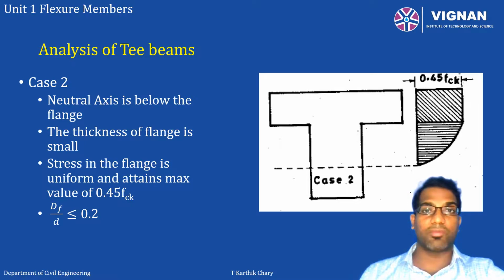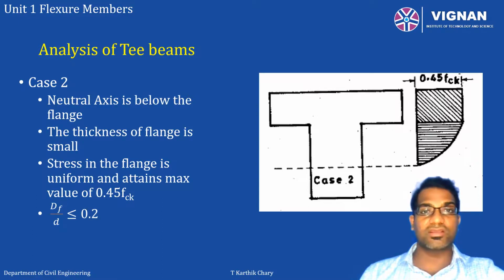This can only happen when your depth of flange is very small. This condition is always taken as dF by d less than or equal to 0.2, which is also stipulated in IS 456 page number 96.